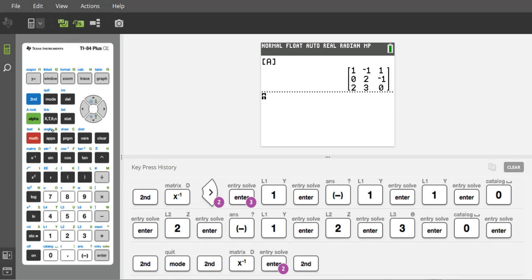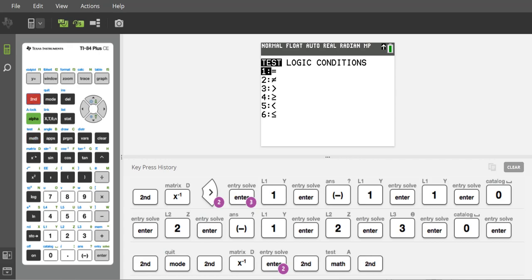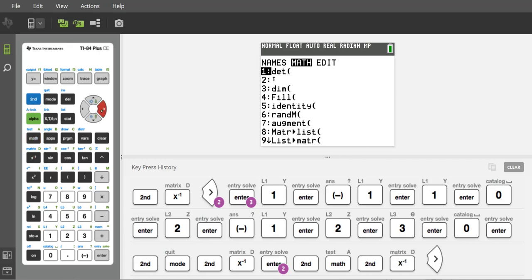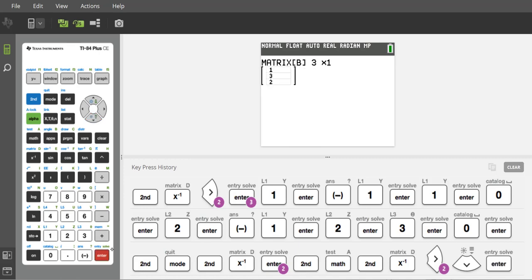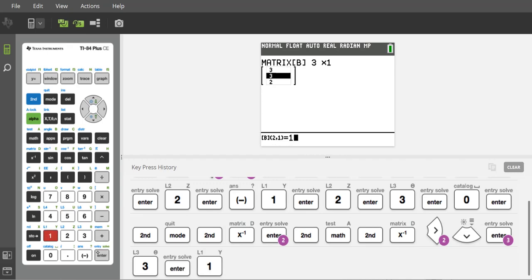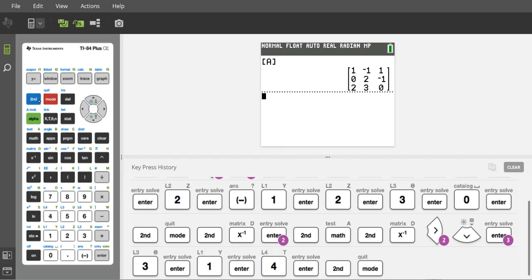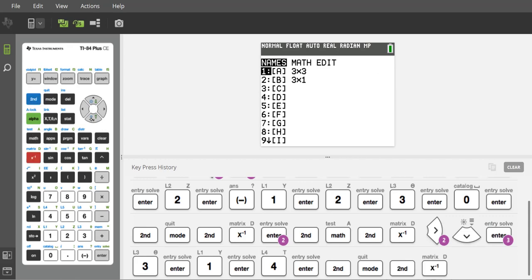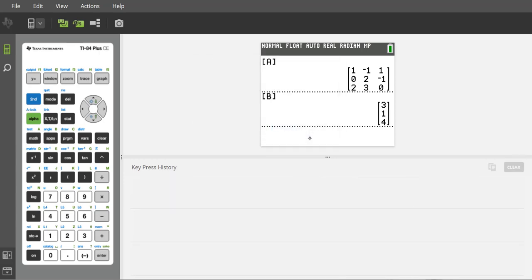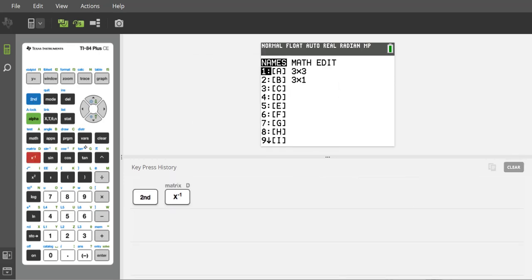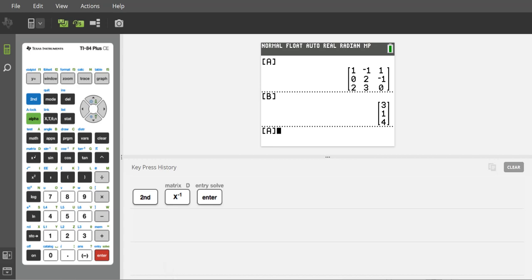Now I need to edit matrix B. Go down 1. It's a 3 by 1, 3, 1, 4. Second quit, go look at it. Second matrix down to B, hit enter twice. Okay. So I want to do matrix A inverse.